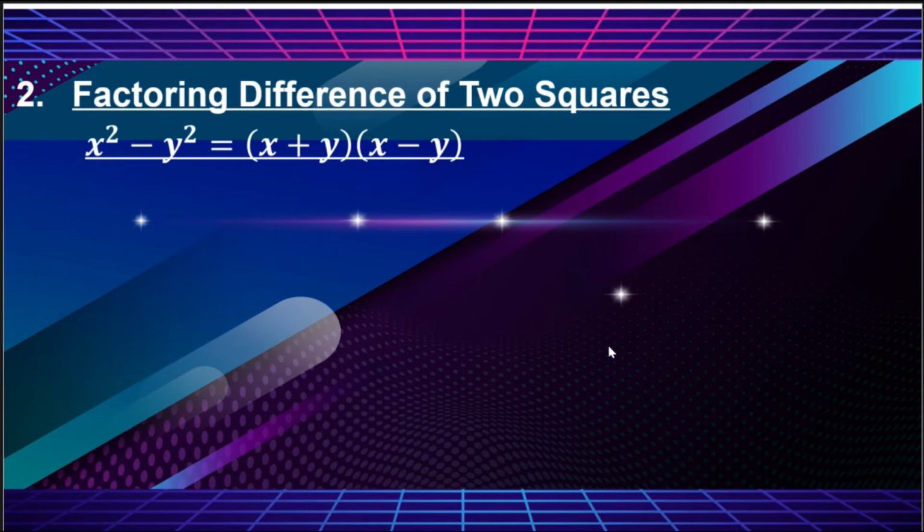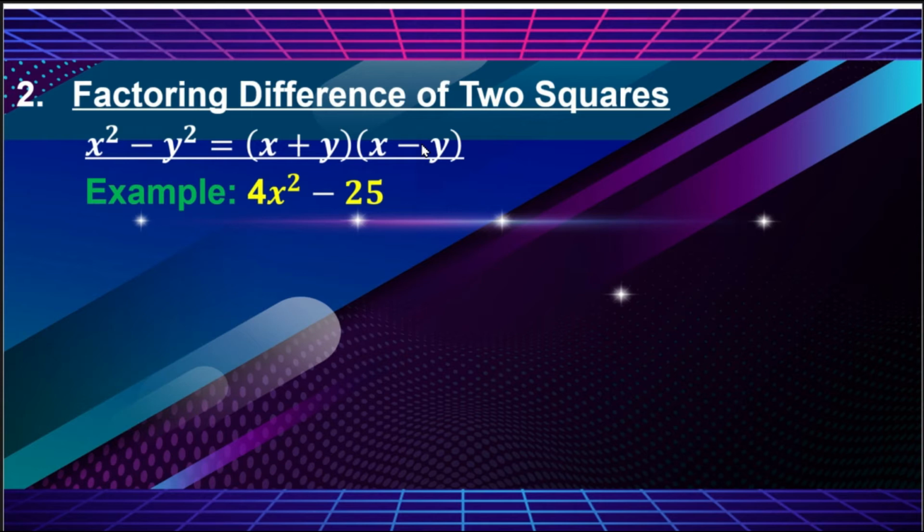So as you noticed, if your equation is like this, you're just going to copy x and x. Then for the second term, we have y. Then you use addition on one side, and on the other side, subtraction. That is your format.